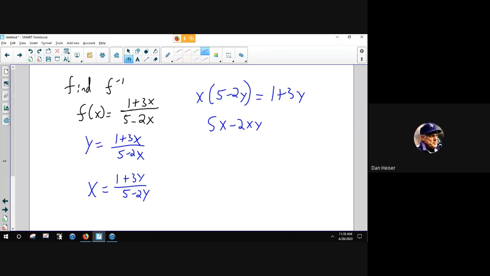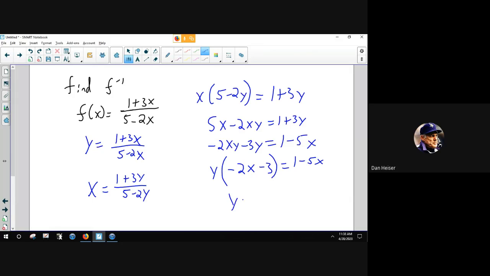So what I'm going to do is get all my y terms on one side, and get everything that doesn't have a y on the other side. I'm going to factor out a y. And now I have a quantity that I can divide both sides by.